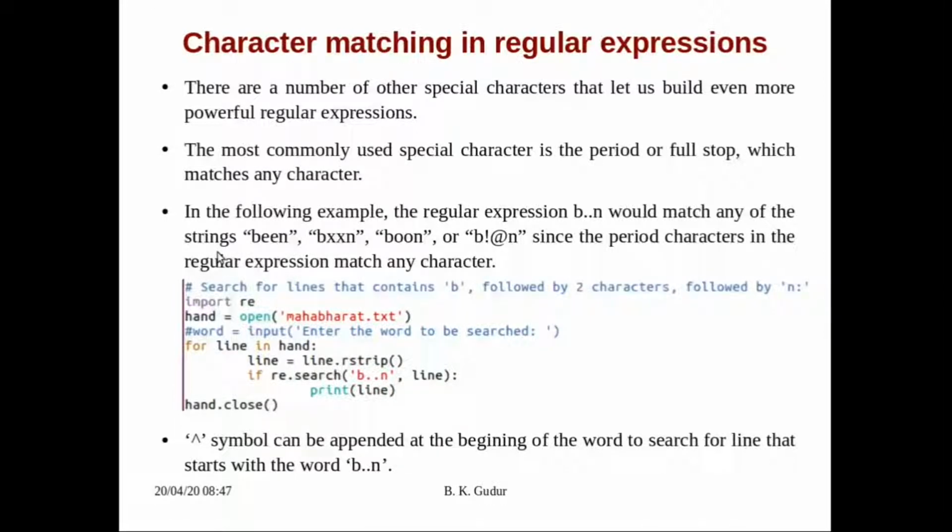Consider that I want to search for a 4-letter word where the beginning should be B and the end should be N, and the 2 letters inside can be anything, not just A to Z. In general, any 2 characters can be there in these places.